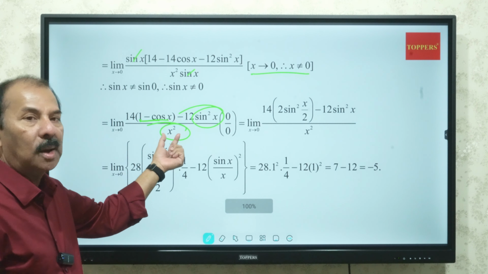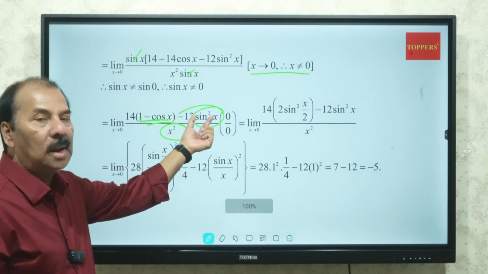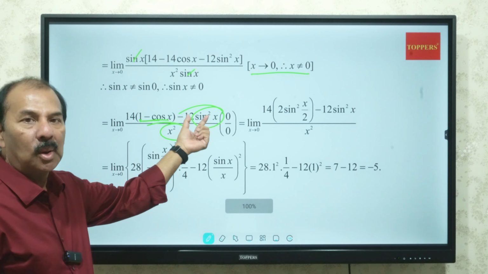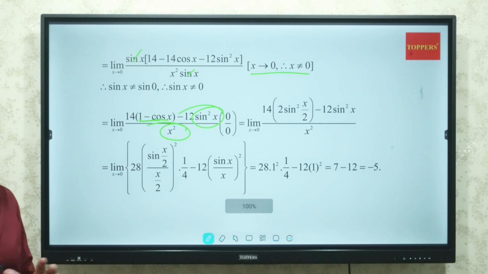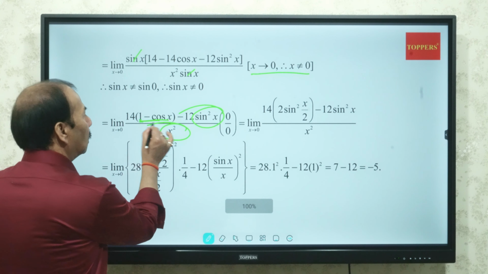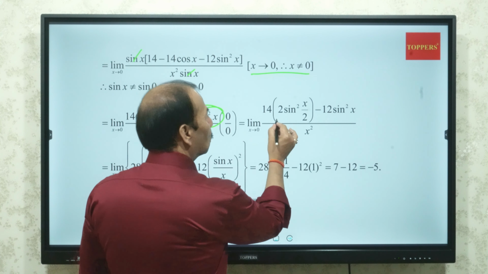So this x square will be absorbed, this sin square x will also get absorbed, and 1 minus cos x will also get changed to sin square x, so that will also get arranged as far as the standard relation is concerned, and that's why we are changing this 1 minus cos x to sin square x by 2.